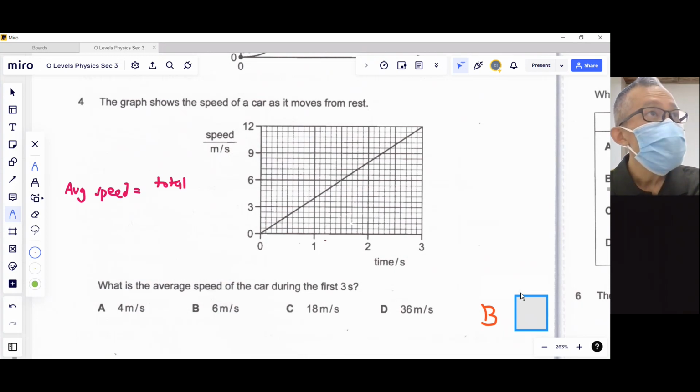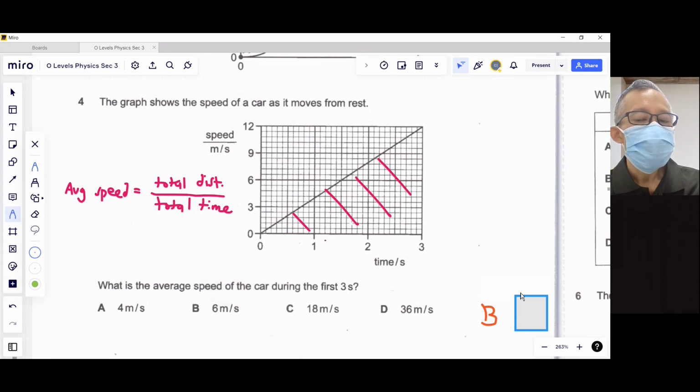Total. Yes. Did you use this formula? So calculate total distance, which is area under the curve. So if you calculate correctly, it's half times base times height.